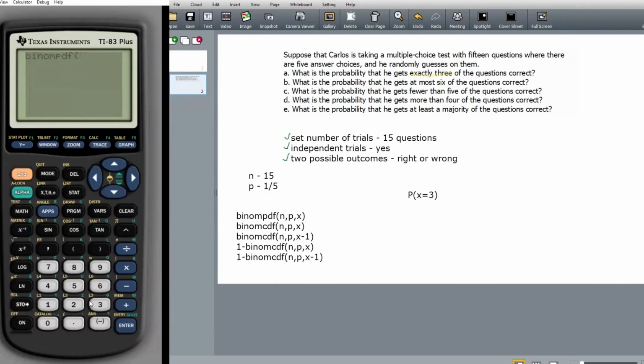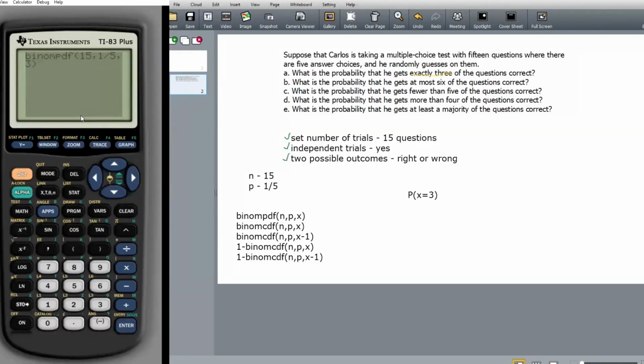Then I will type 15, comma, 1 out of 5, comma, 3, close parentheses. For my p, I can either type in the fraction 1 out of 5 or the decimal 0.2. Both would work just fine.